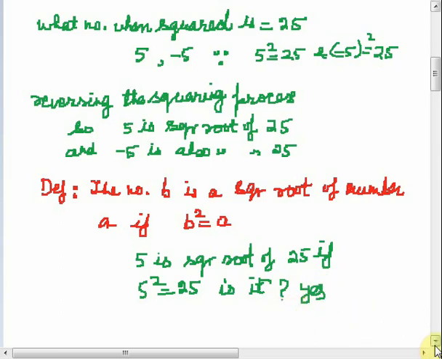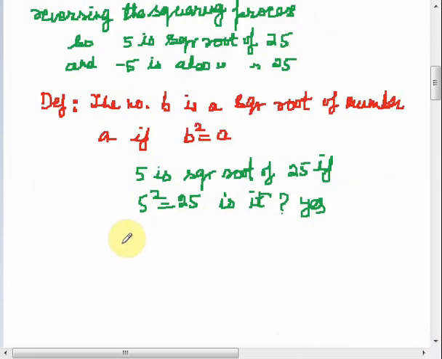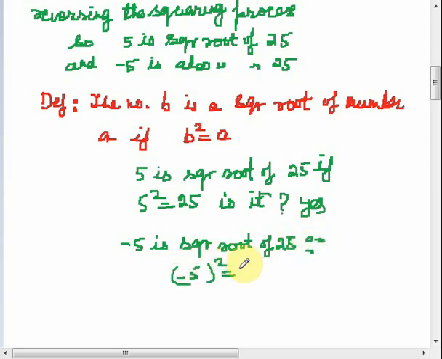Similarly, minus 5 is a square root of 25, since minus 5 whole square is equal to 25. So we are applying this definition of square roots.